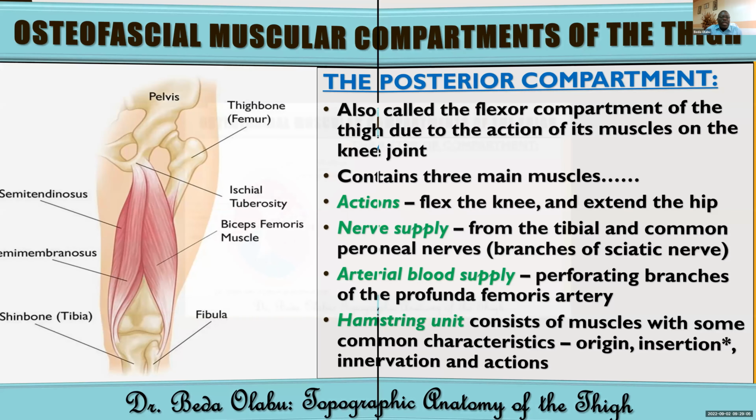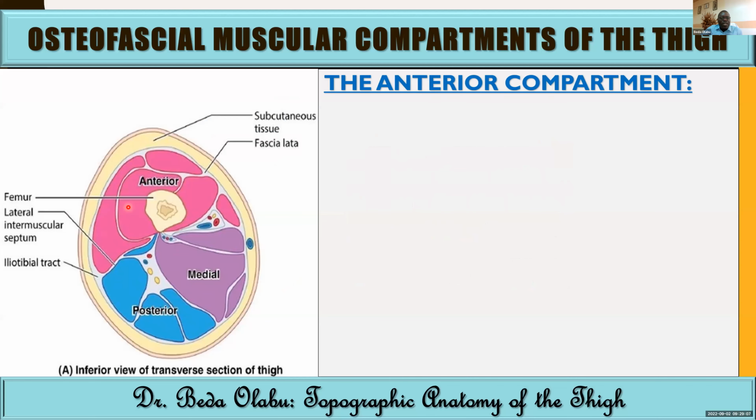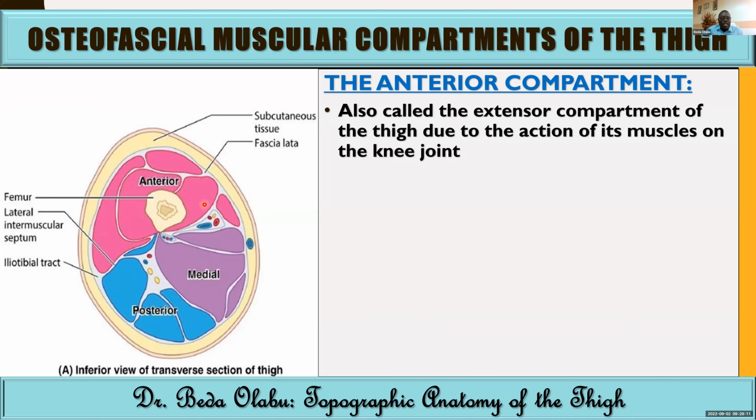Now we can talk about the anterior muscular compartment. The anterior muscular compartment of the thigh refers to the group of muscles which are in front of the thigh. It's the most bulky group, the largest group.